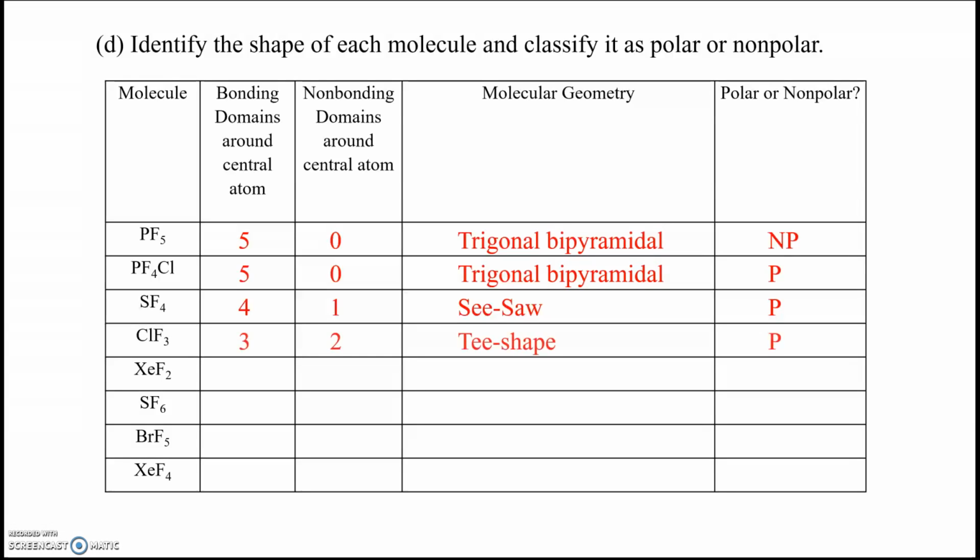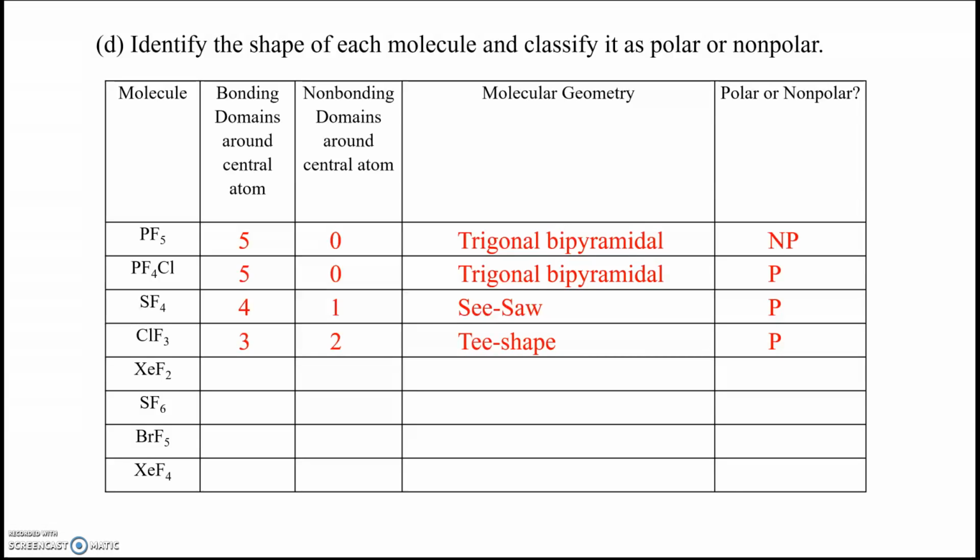Chlorine trifluoride, 3 bonding domains, 2 non-bonding domains. This gives us a T shape. It's shaped like the letter T. And because it's shaped like the letter T, and because I've got non-bonding domains, it's going to be polar because it's quite asymmetric.